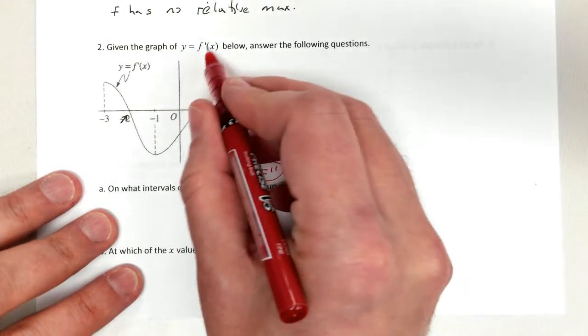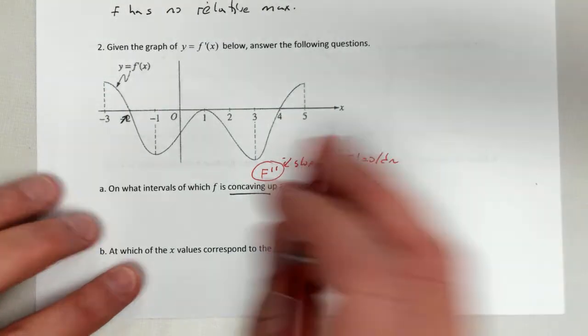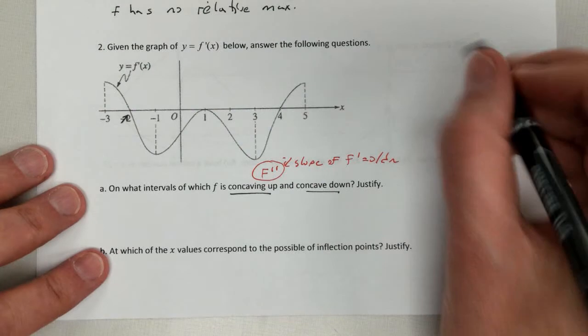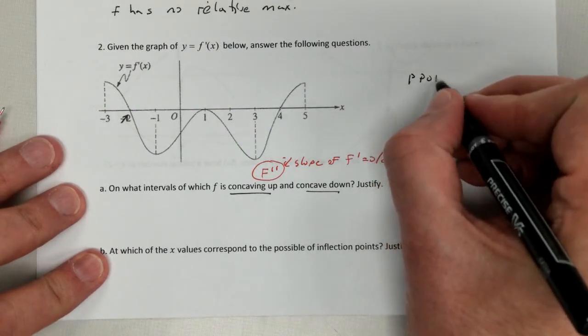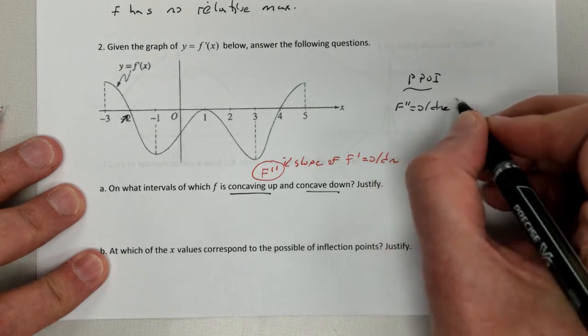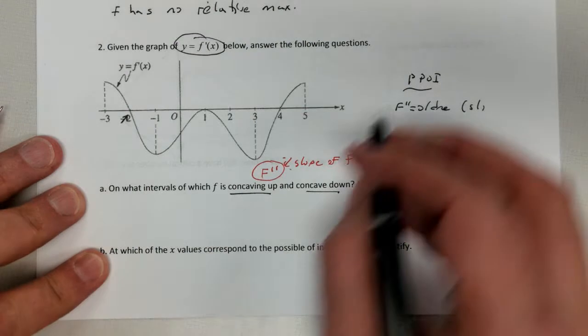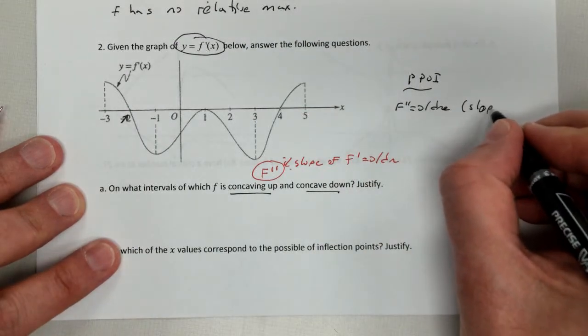And this is my derivative graph, so we're looking for the slope of the derivative equal to 0 or DNE. So we're going to go ahead and start by talking about our possible points of inflection. This is where the second derivative is 0 or DNE. And again, because this is the graph of our derivative, we are looking at their slopes.